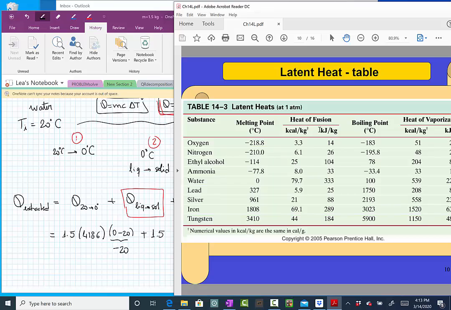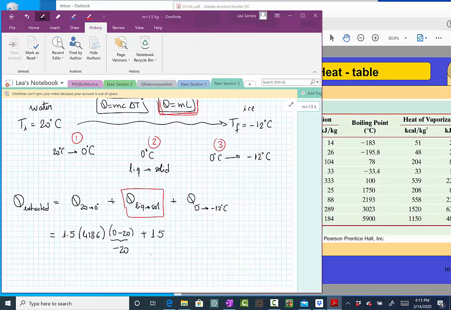Remember that this unit is kilojoule and we want to write everything in joule. But wait a second. We are changing from liquid to solid. We are extracting energy, so let's make a correction here. Extracting means minus.